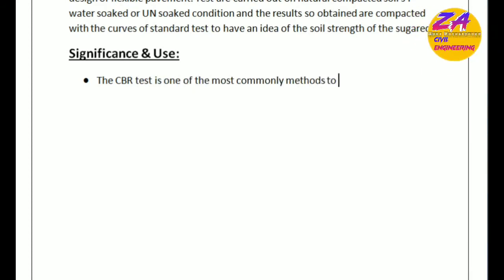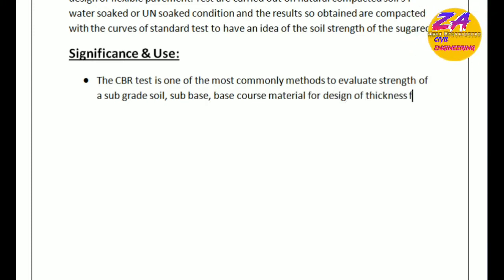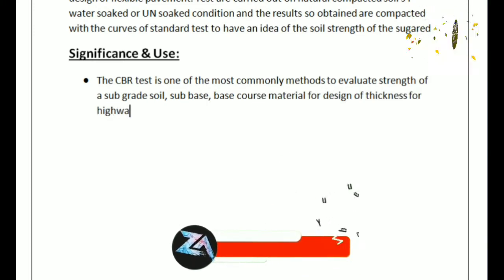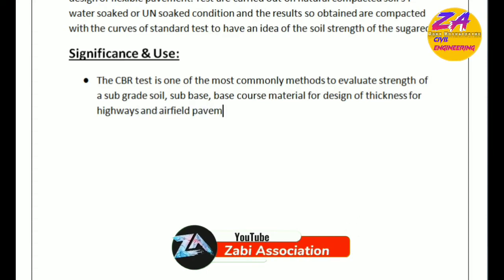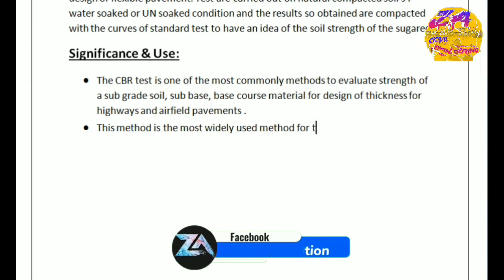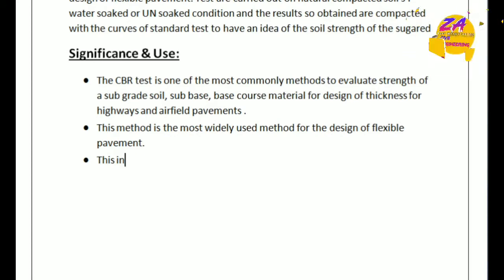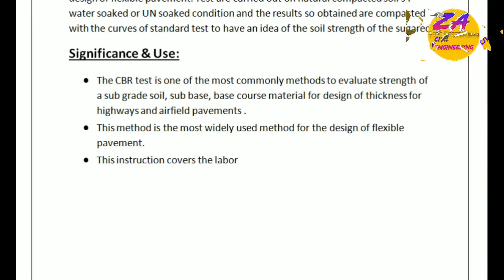The CBR test is one of the most commonly used methods to evaluate the strength of subgrade soils, subbase, and base course materials for designing the thickness of highway and airfield pavements. This method is the most widely used method for the design of flexible pavement.